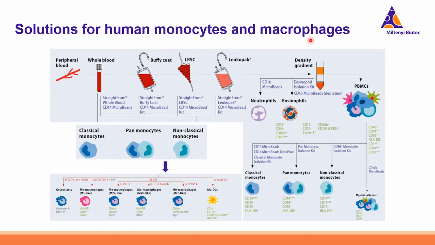So solutions for monocyte and macrophage separation shown here in blue, and cell culture solutions for monocyte differentiation into macrophages, solutions for macrophage polarization, this includes cytokines and growth factors shown here in red, and different antibodies for the analysis of these cells shown here in green.